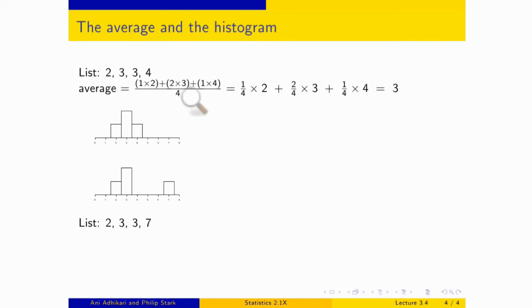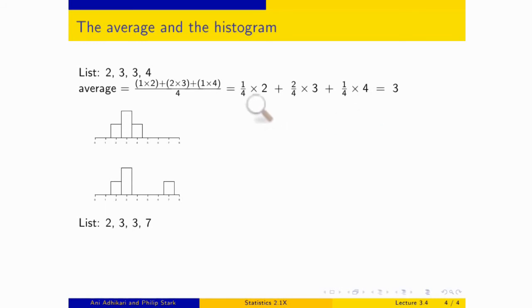And I will make the move that we made a little while ago, which is divide this 4 through in all the elements of the sum, so that you have 1/4 times 2 plus 2/4 times 3 plus 1/4 times 4.